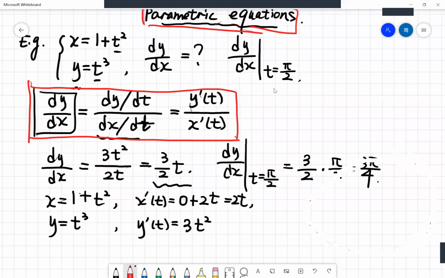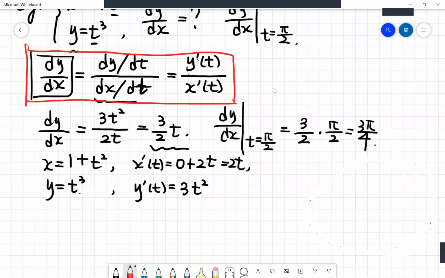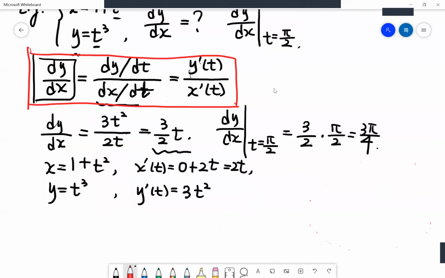At t equals pi by 2, please repeat from this line again. So the last step, right? I want to find the value of the derivative at t equals pi by 2. Now I know dy by dx is a function, 3 by 2 times t, right?